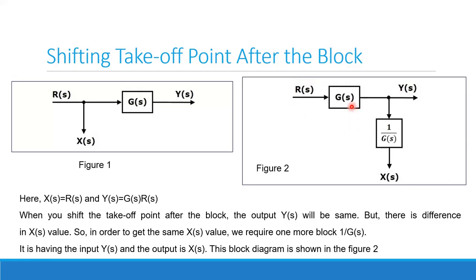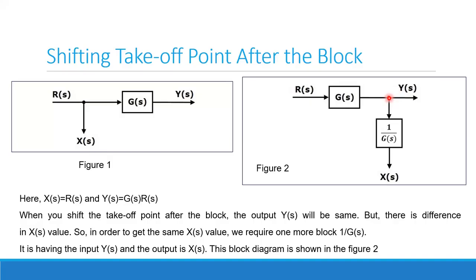The output of this becomes R(s) into G(s), that also remains same, but the value of this X(s) signal changes, because it is now equal to R(s) multiplied by G(s), because we have taken the takeoff point from this output signal of the block.